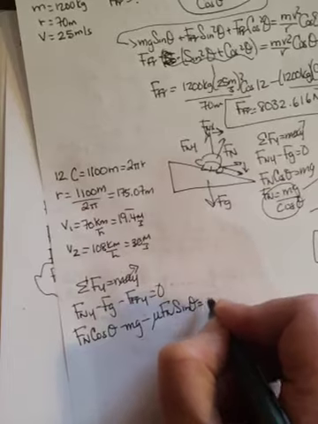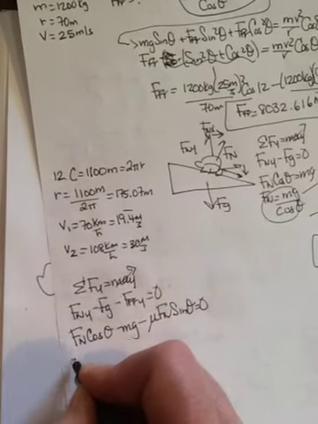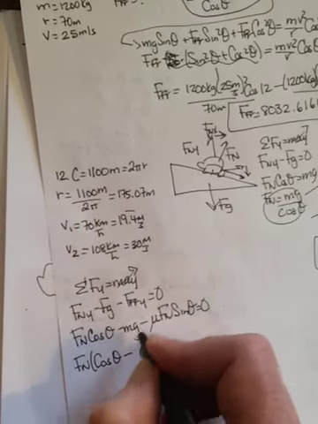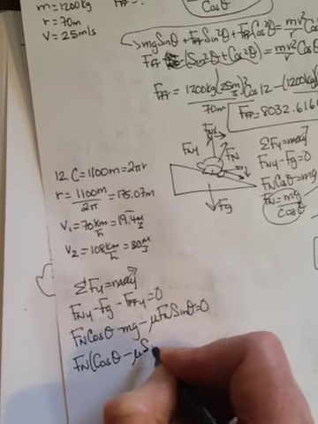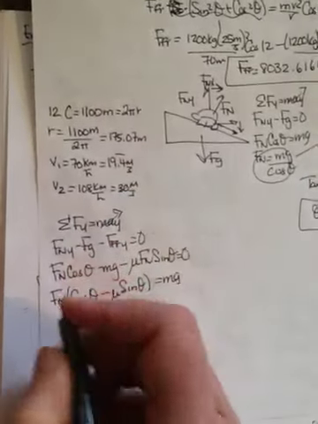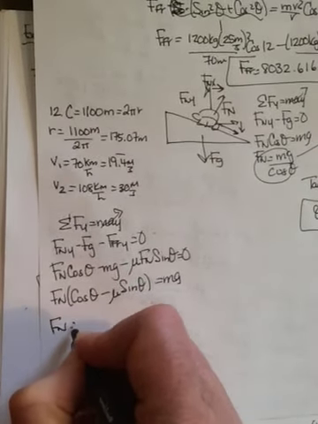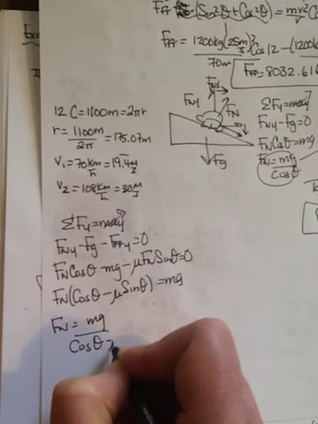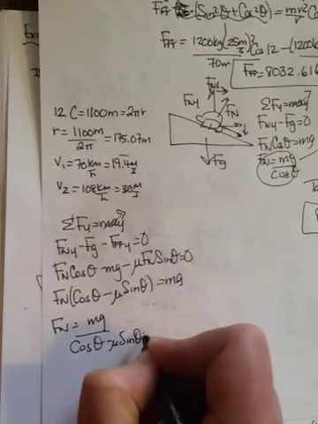So you have to break it down this time. Take your Fn over to the other side and factor, take your mg over to the other side and factor your Fn out. So I skipped a step there. Divide both sides by the bracket. So Fn equals mg over cos theta minus mu sine theta. Going to have to finish it on the next one.